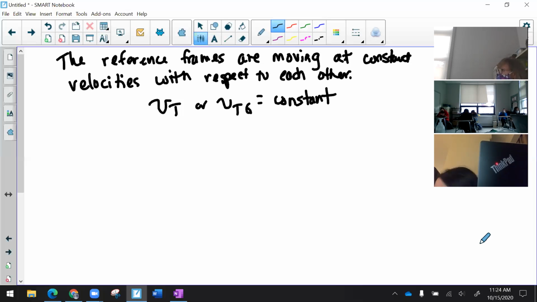But the person on the train can accelerate. That person can walk faster or slower and change their speed, their velocity.